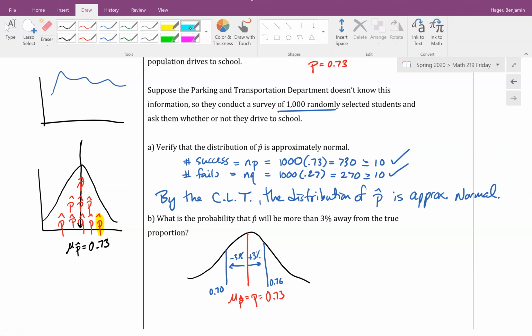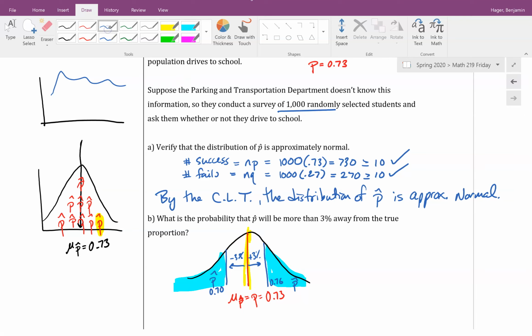And they want to know what's the probability of being beyond that. So what's the probability of landing here or here? Again, they're saying if you were to grab a p hat at random, what's the probability that it's there or that it's in this tail, that it's more than 3% from the middle, the true proportion?